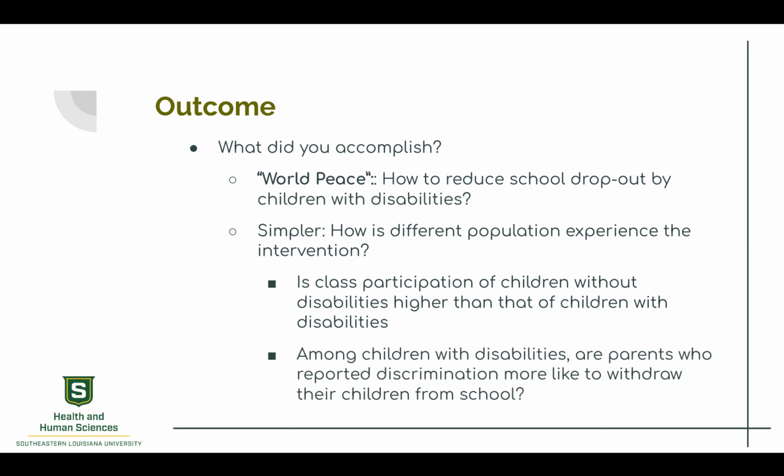Or for all children with disabilities, what you're looking to find out is that for parents who reported perceiving discrimination, did they say they are more likely to withdraw their children from school or not? So those are the kind of results that you can get from your outcome.